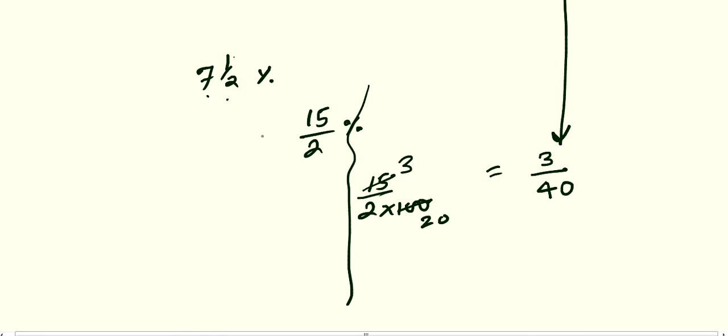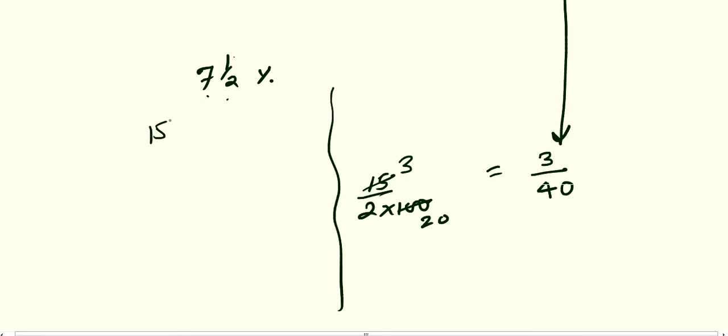While for the decimal form, 7 1 by 2 means 15 by 2%. Now 15 by 2 into 1 by 100. Now we have to convert this in decimal form, so simply you can write this as 15 by 200. Now you can divide 15 by 200 and you will get the decimal answer.